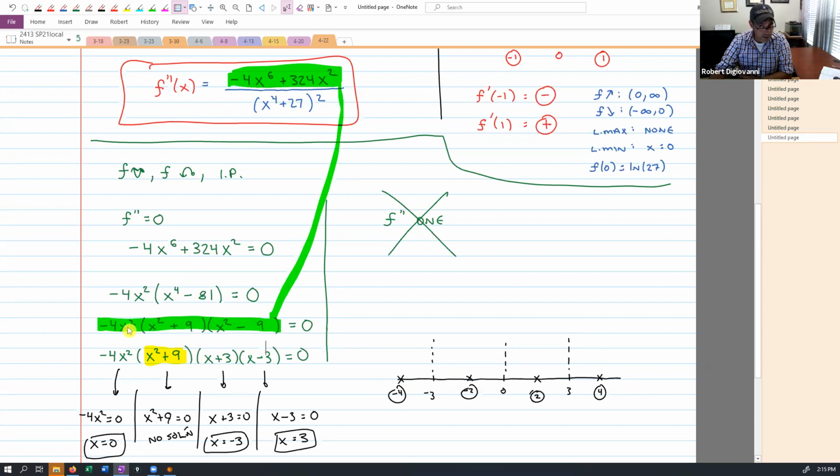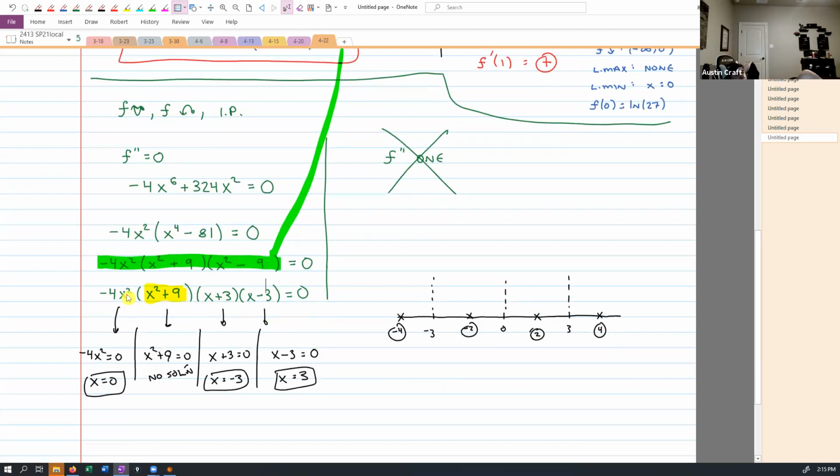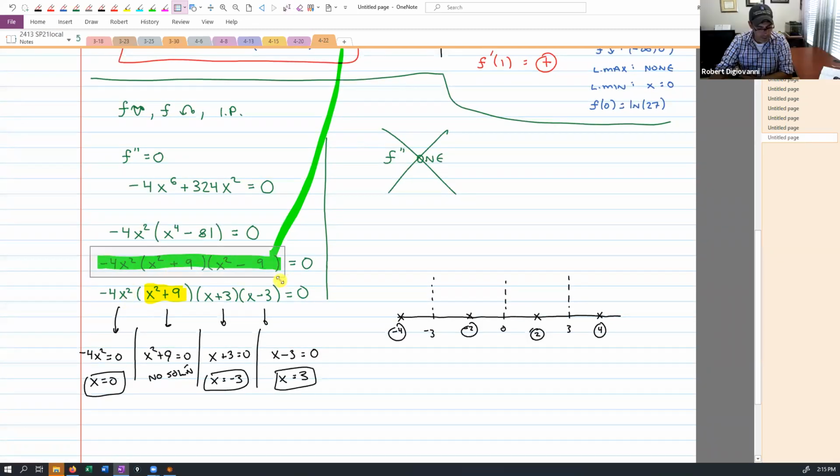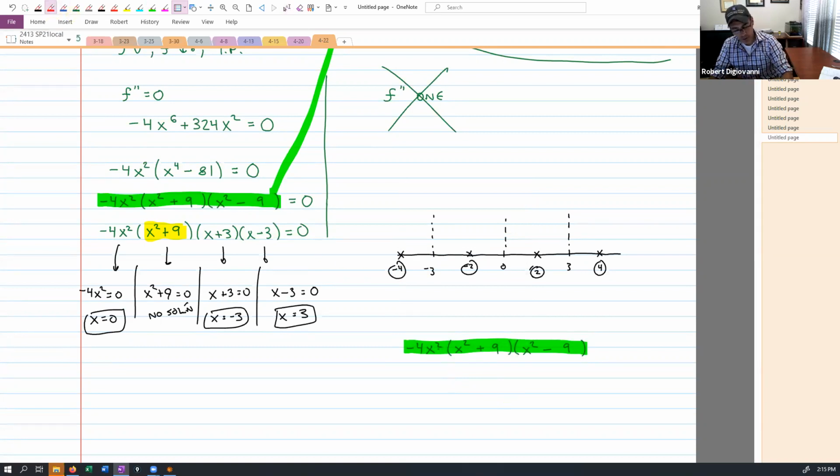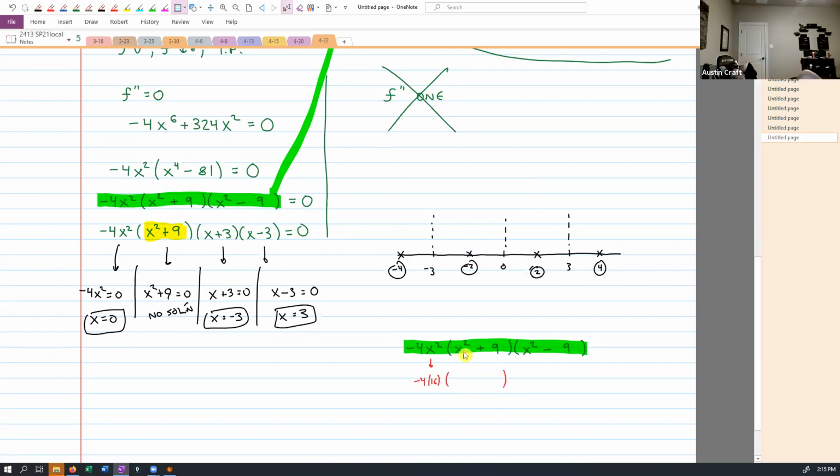Negative 4 squared is positive 16, right? So if I plug the negative 4 in here, I get negative 4 times 16. And then this right here, this doesn't matter. We know that's positive. We already said that it has to be.